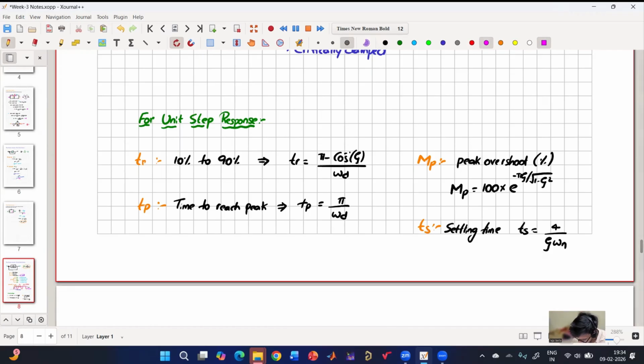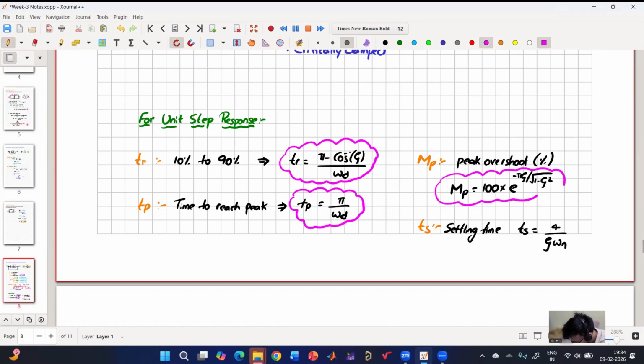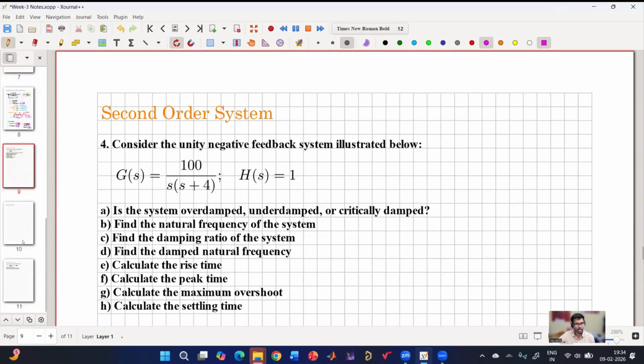So these are certain formulas that you have to remember for a second order system. Depending upon the damping as well as the natural frequency, these can vary. So these are certain terminologies that were discussed. So is this clear until this point, everyone? Yes, sir. Okay.